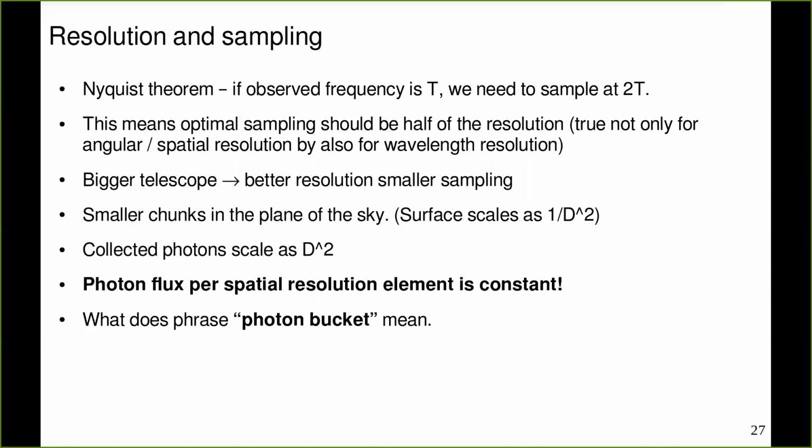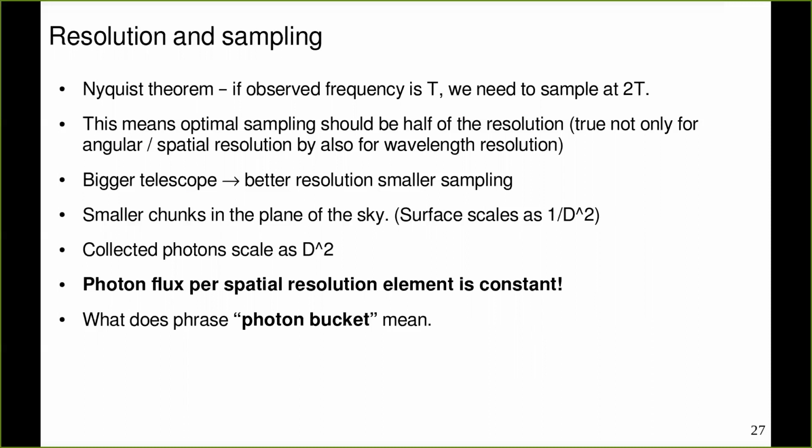So let's talk a little bit about the differences between resolution and sampling, and one misconception that very often slips through the cracks, and we're going to reach it at the end here. There is this useful theorem, or even if we don't understand it fully, we can use it as a rule of thumb: if you have a phenomenon happening at some frequency, we need to sample that frequency at double the rate, right?